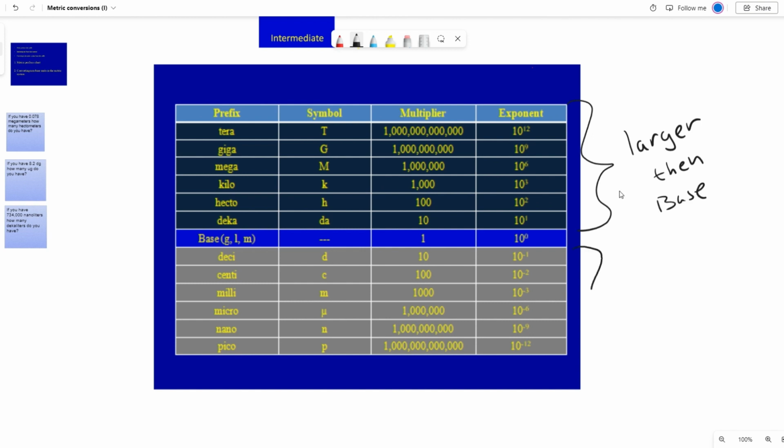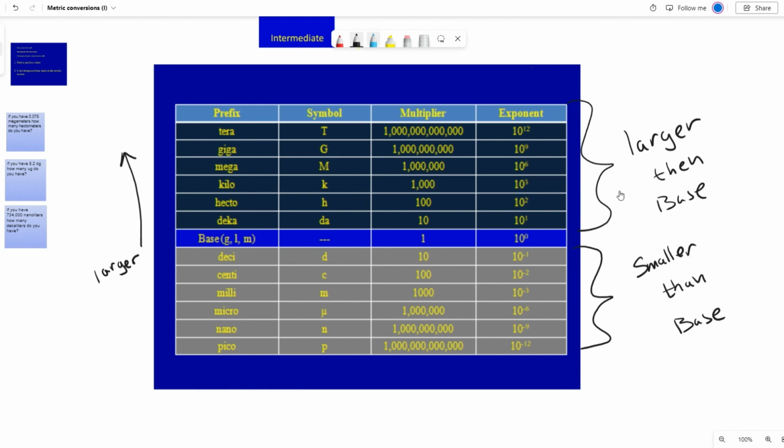And then everything below the base unit over here is smaller. And as you go up the scale, everything gets larger.